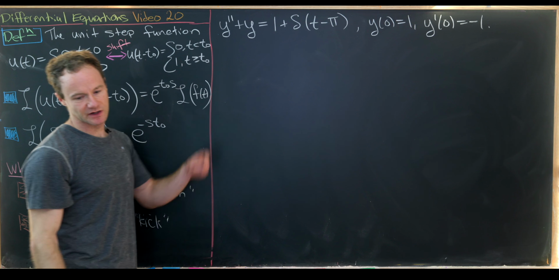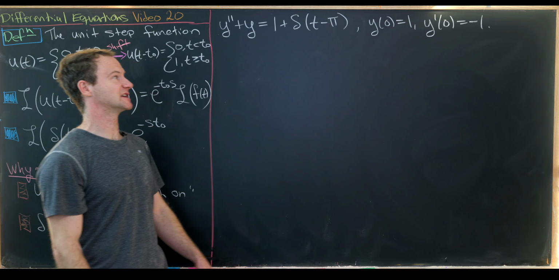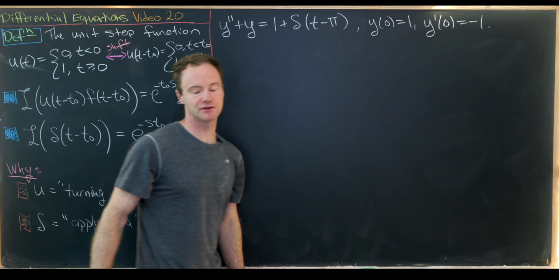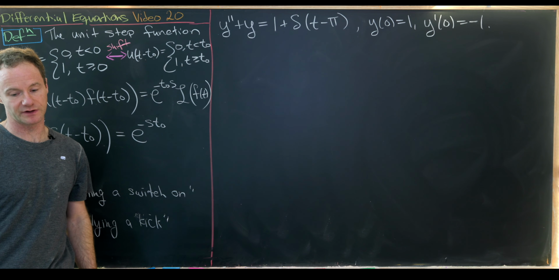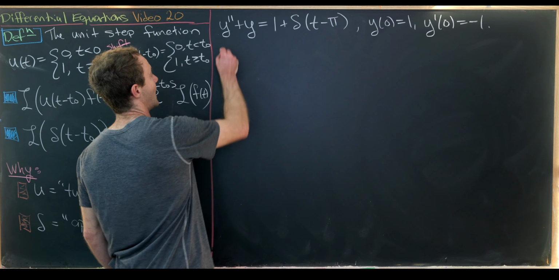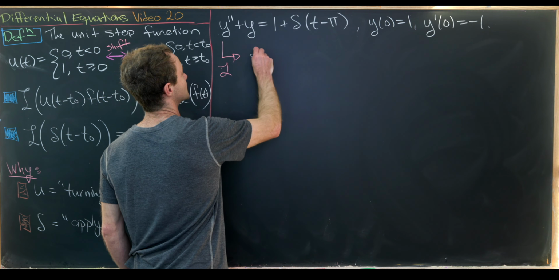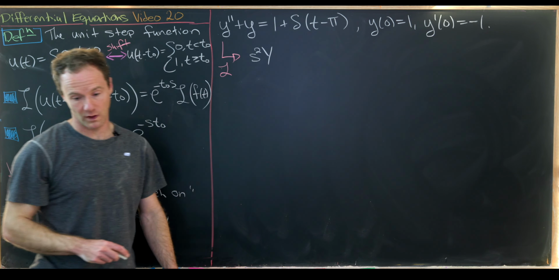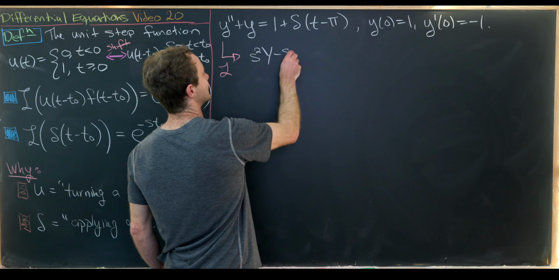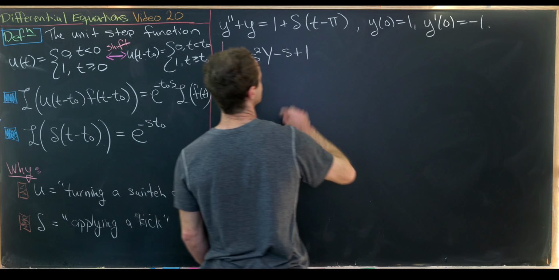Okay, so let's look at our example. We have y double prime plus y equals 1 plus delta of t minus pi. We've got initial conditions, y of 0 equals 1 and y prime of 0 equals -1. As we've been doing, let's apply the Laplace transform. That'll give us s squared times capital Y, and then we'll have minus s plus 1, and that comes from this initial condition and this initial condition.